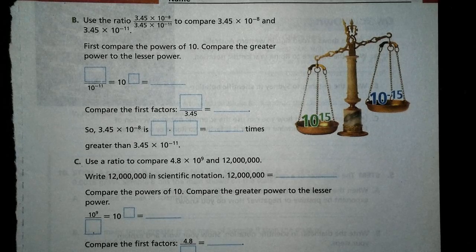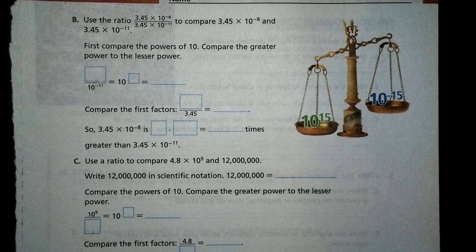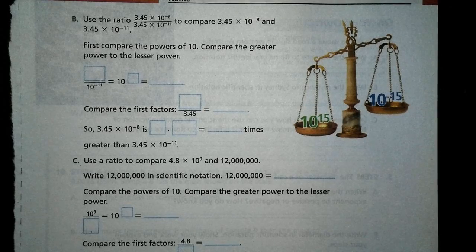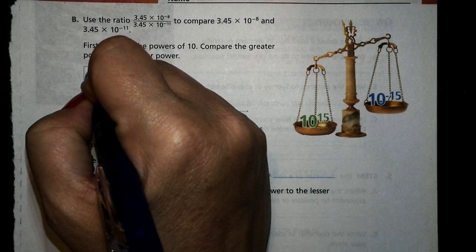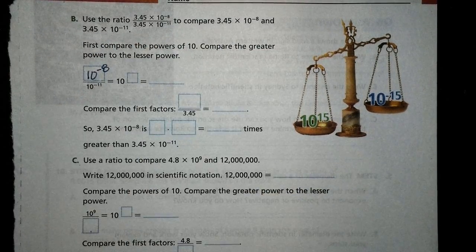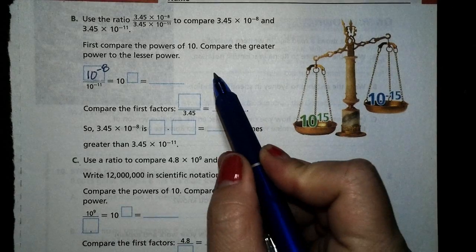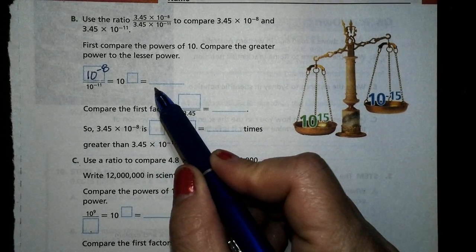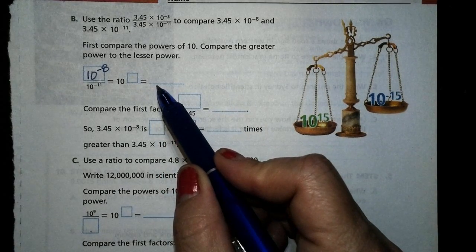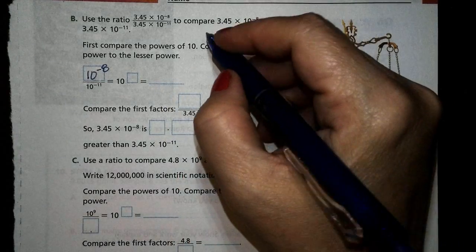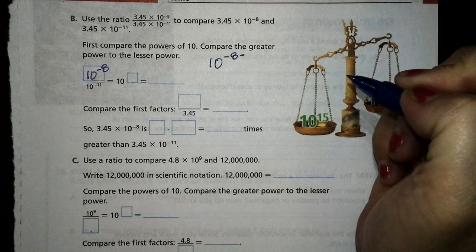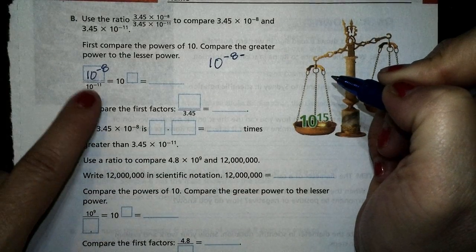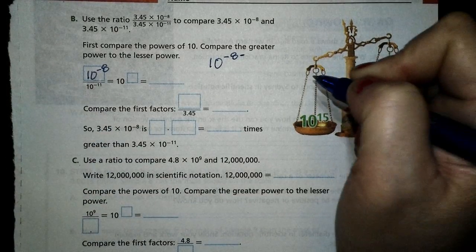All right, we will look at some more of this, but just remember, the greater the exponent, the bigger the number. So that means that we're going to put the 10 to the negative 8 on the top. And so I'm going to work this out to the side and then put my answers in here, because many of us tend to forget a negative. So remember, we have to subtract our exponents when they're being divided. So we're subtracting them. But our exponent isn't positive, it's negative 11.